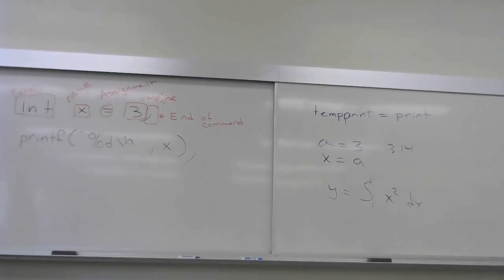What else are we missing? More stuff in there. Well, we know that's what assignment means. So we know that there's going to be a memory allocation inside of here.